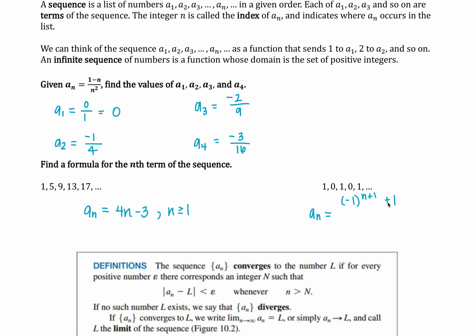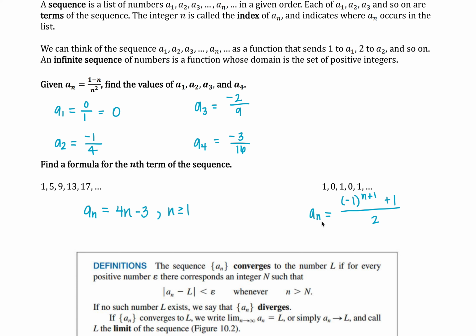So I have positive 1 plus 1, which gives me a 2. 2 divided by 2 gives me a 1. And that's going to hold for all odd values of n. So for the third term, negative 1 would be raised to the fourth power, giving us a positive 1. 1 plus 1 is 2. 2 divided by 2 is 1.